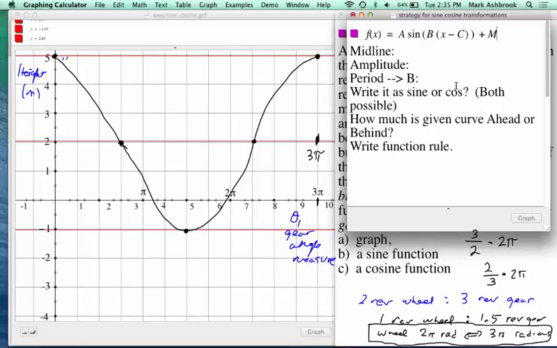Whether it goes clockwise or counterclockwise, it's going to go max, midline, min, midline, max, regardless of direction. What you're doing now is writing a sine and cosine of that curve. Does that make sense? As long as it's that curve, we know that's the height of the bucket over those 3 pi.